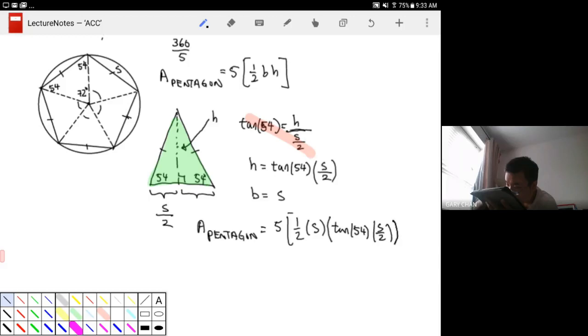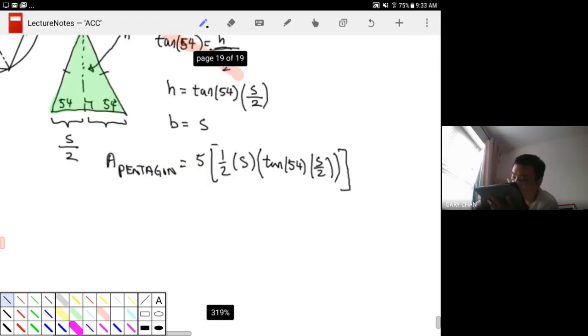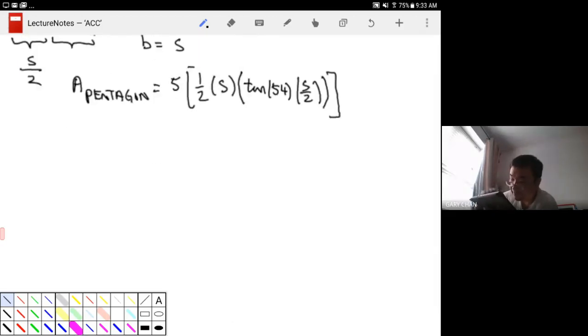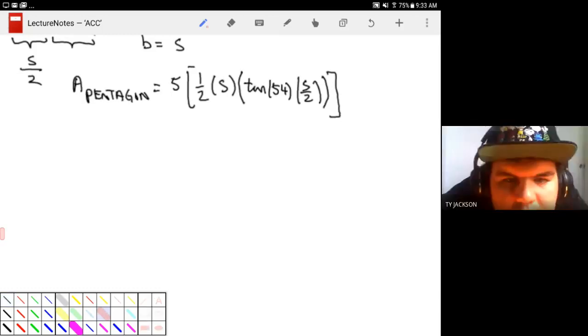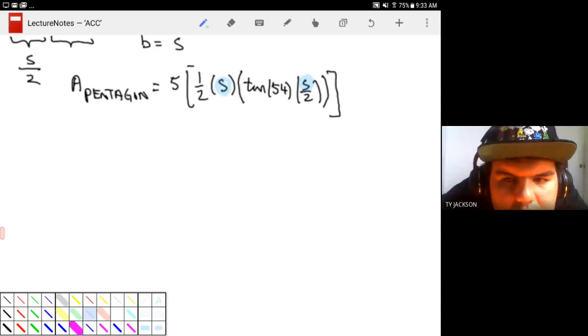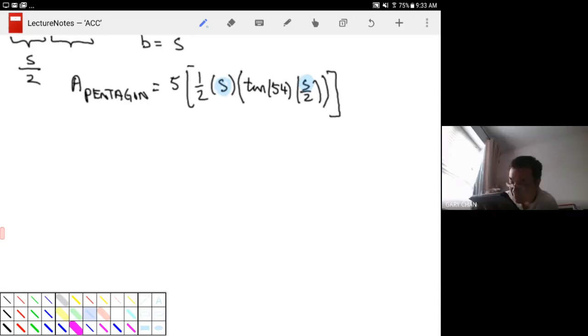And again, this looks really intimidating, but just go through things in life with a cool head and you'll come out better on the other side. So if I look at this, are there any things that I can combine together? You can combine 5 and 1/2. What will that get me?